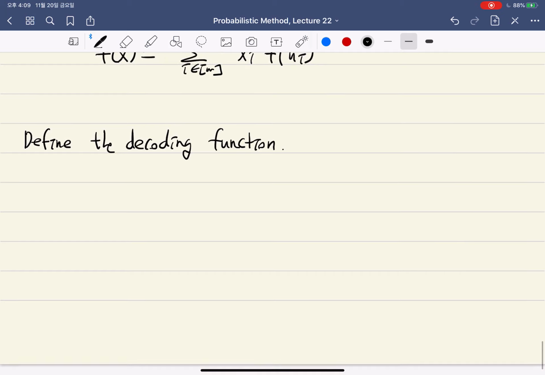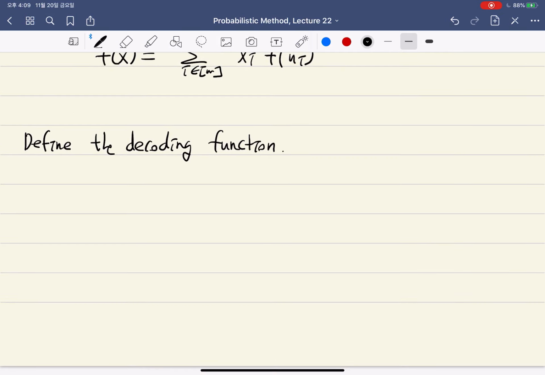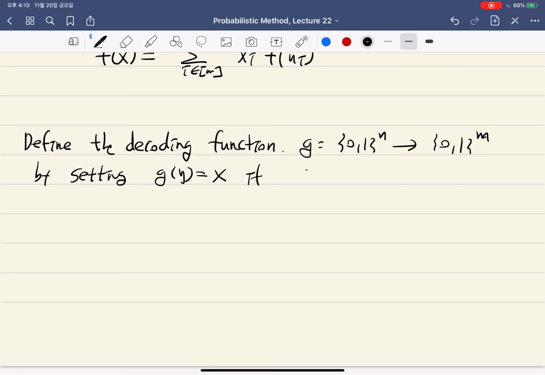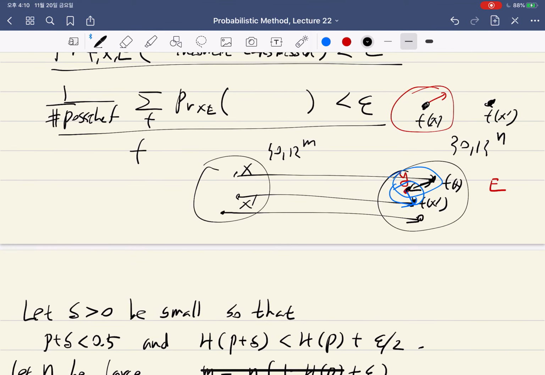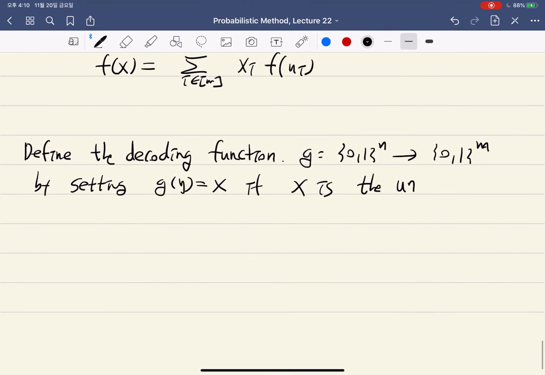So we take the decoding function G from n-digit strings to m-digit strings by setting G of y equal to x if x is somewhat close, and this closeness can be measured: y lies at distance at most, say, np. Here distance is again Hamming distance, the number of digits which are different.